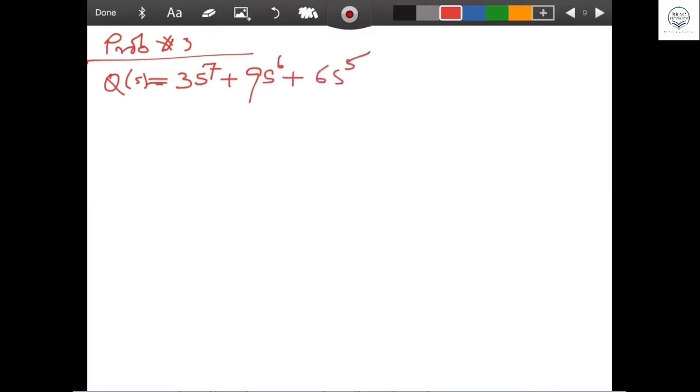So you have to prepare mentally to answer this top question. Plus 4s^4 plus 7s^3, plus 8s^2, then plus 2s, plus 6 equal to 0.